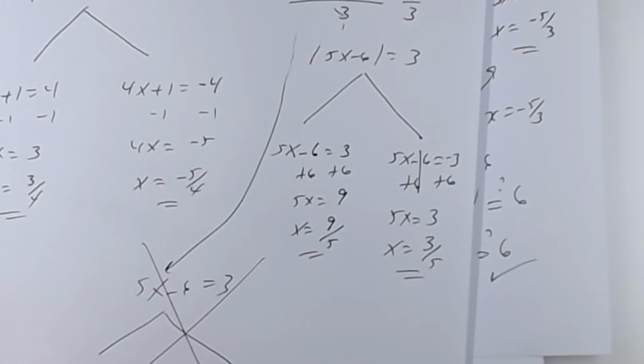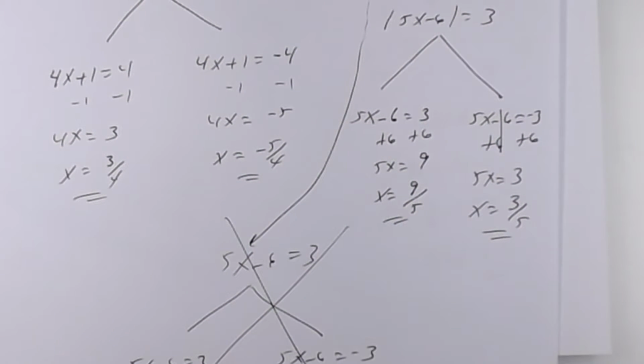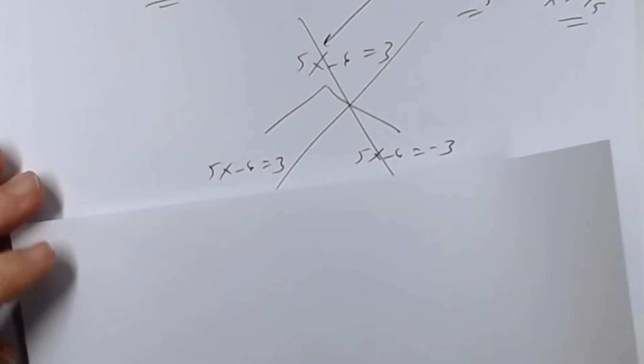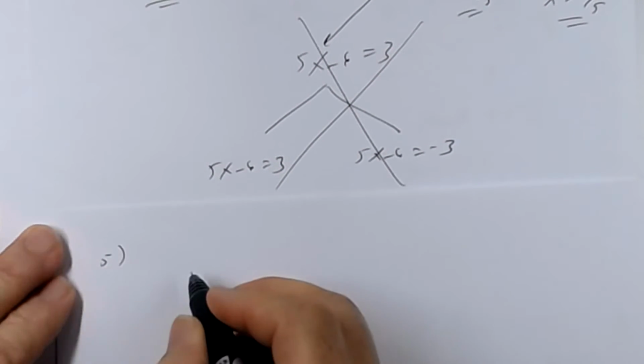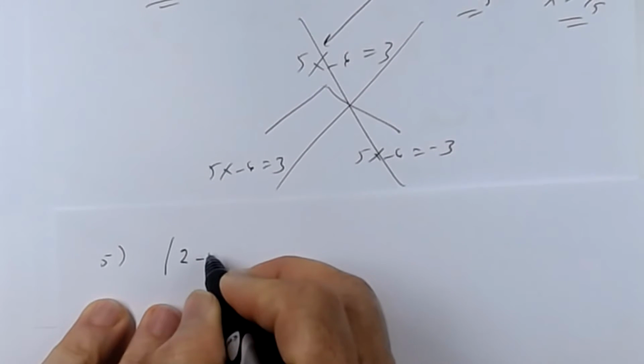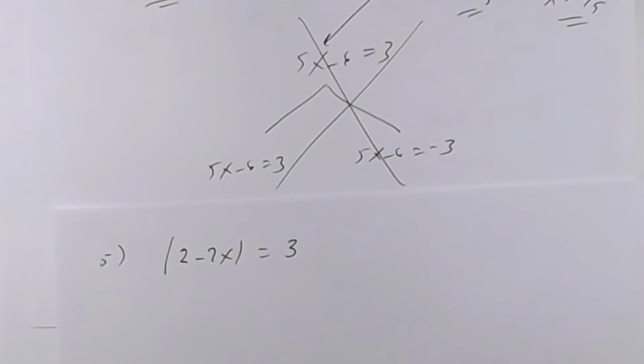All right, number 5. Suppose you had the absolute value of 2 minus 7x equals 3.